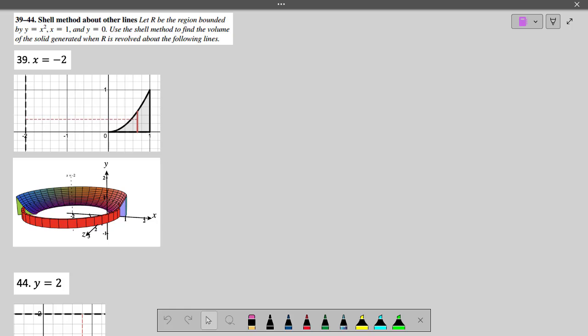You could look at this and say, hey, this is horizontally simple also. You could draw a horizontal integration element and rotate that horizontal integration element, and what shape would you get if you did a horizontal rotated around that axis? That would be a washer.